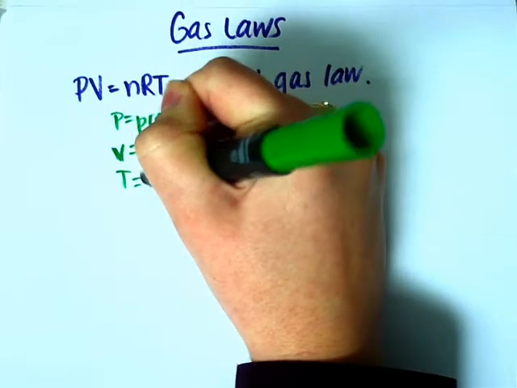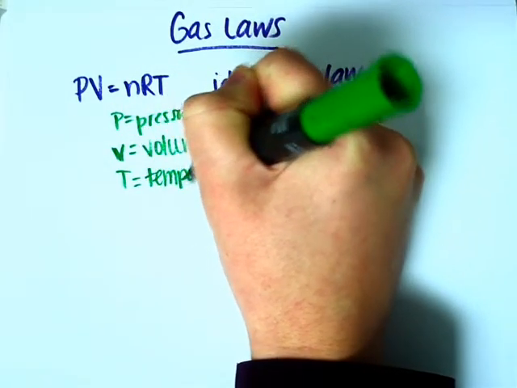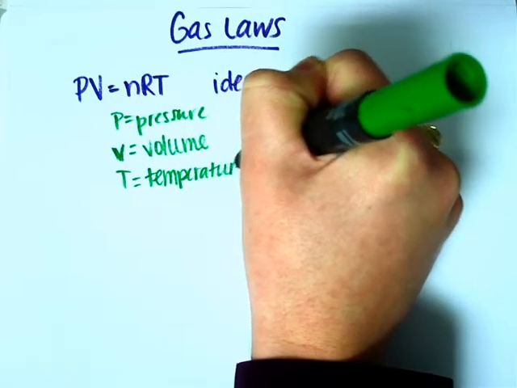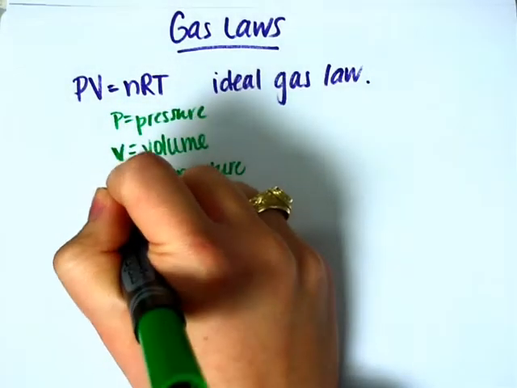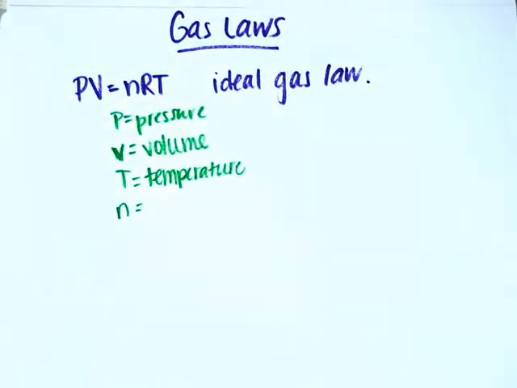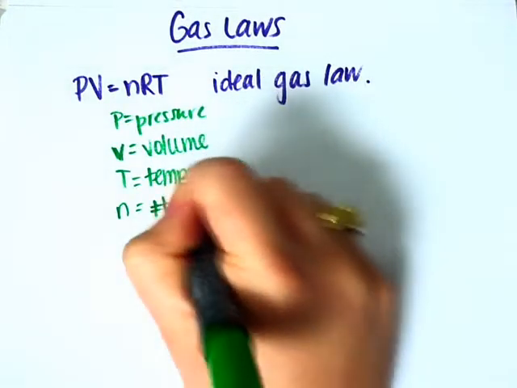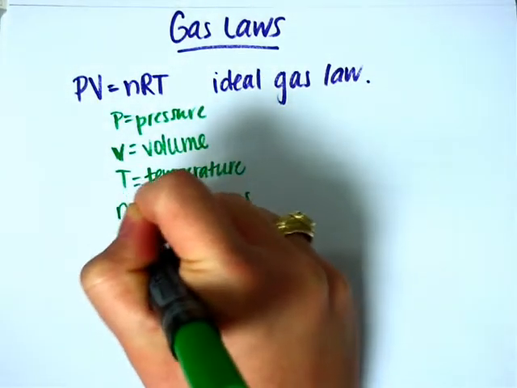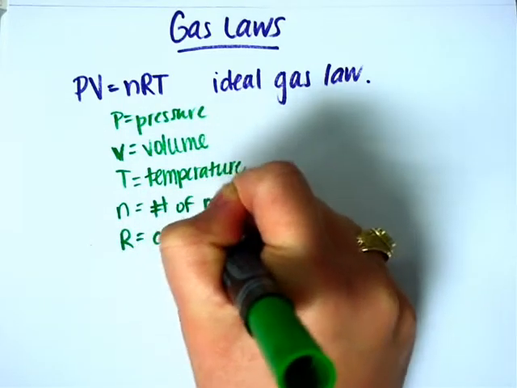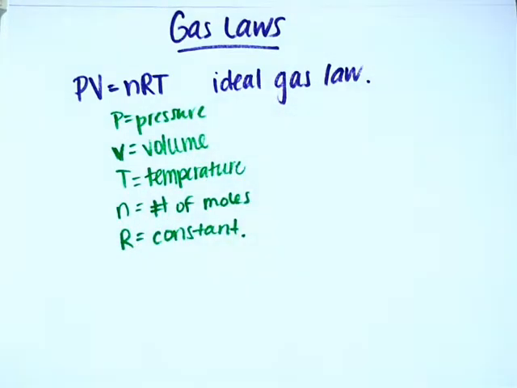Temperature. Okay, and N and R, I'll go ahead and tell you those ones. N is going to be your number of moles. And R is going to be a constant, and we'll get more to that later when we go more in depth with the ideal gas law. Because today we're just going to use the ideal gas law to help us learn what we need to learn for today.